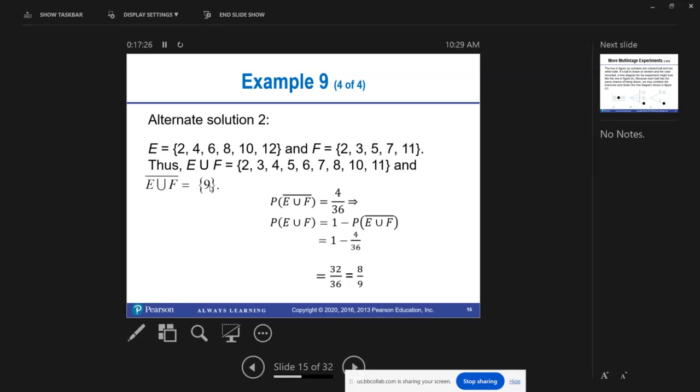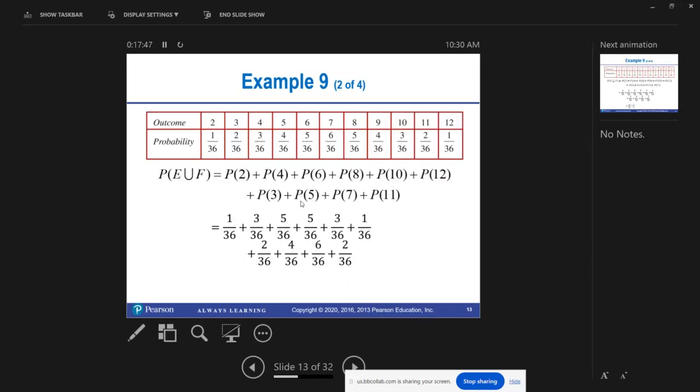And so what you can do is, this little bar here means the complement. So it means like what is missing. So when I look at this part, the probability of the 9 from back here is 4 out of 36.